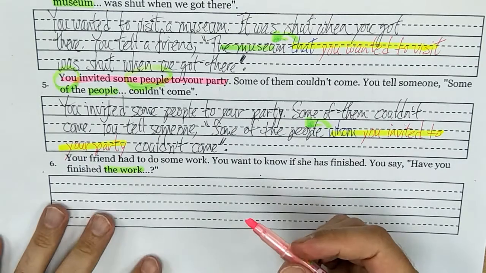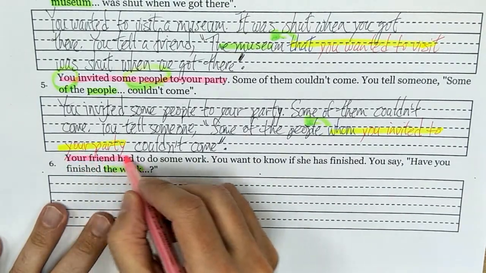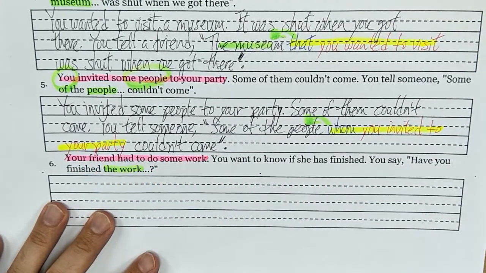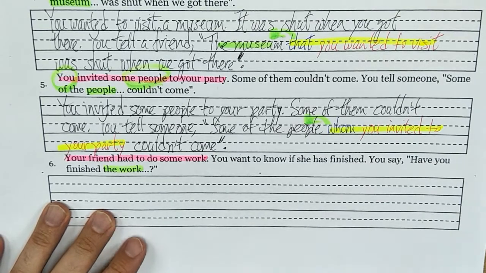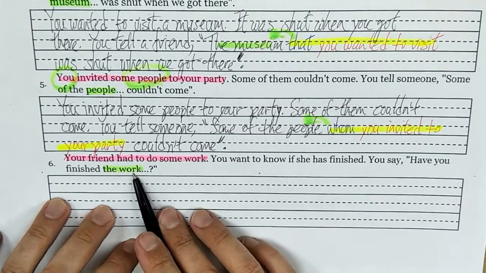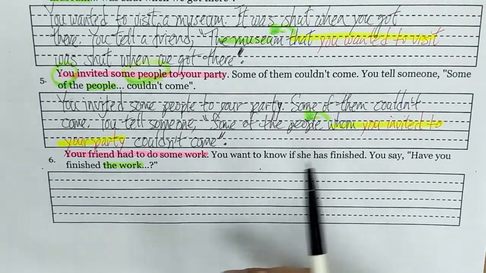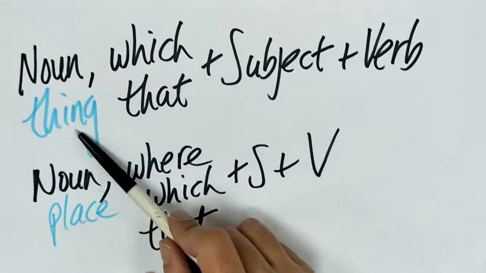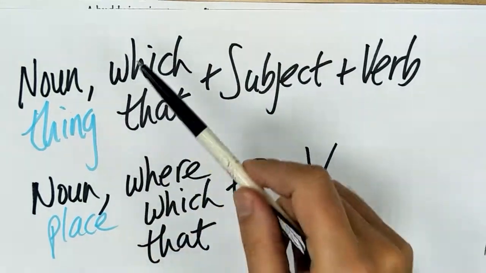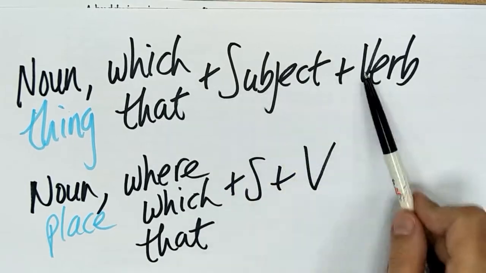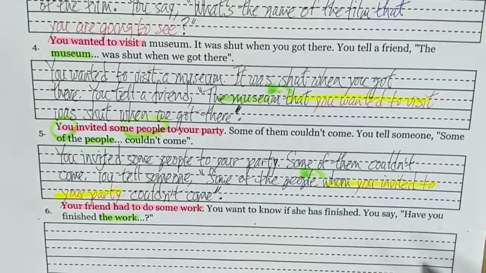Now, what kind of work? That your friend had to do. She had to do that work. This is the easy one. Now, work is a thing. The noun is a thing. Which or that, plus subject plus verb.